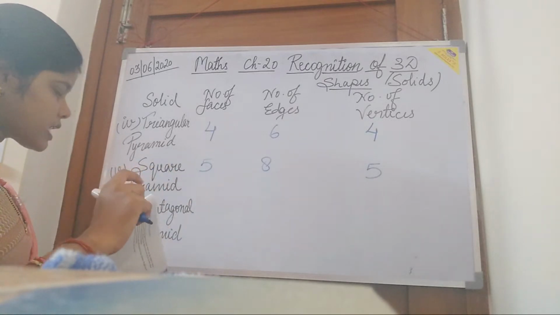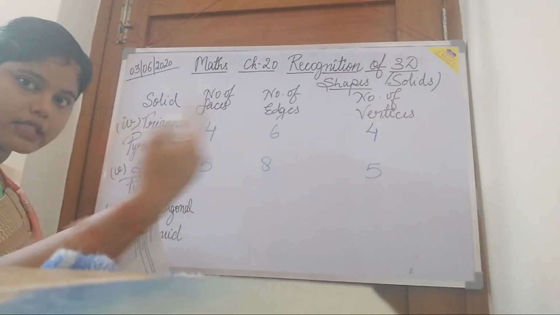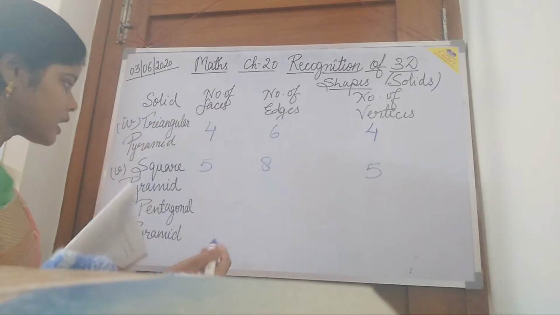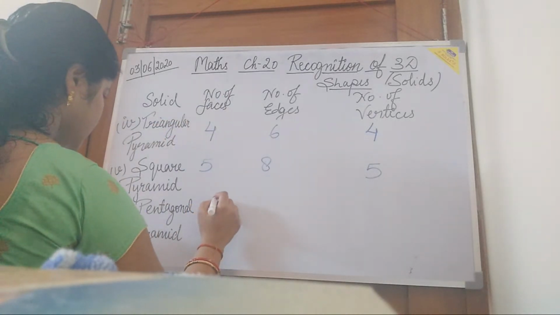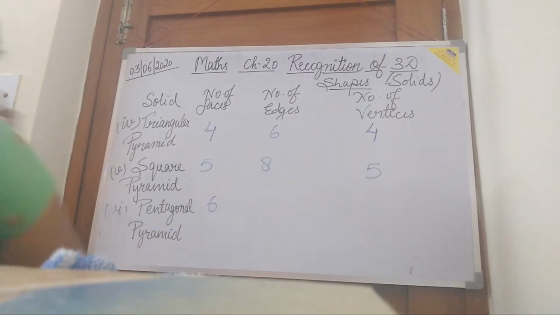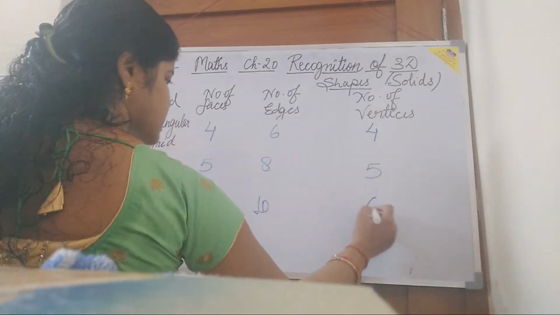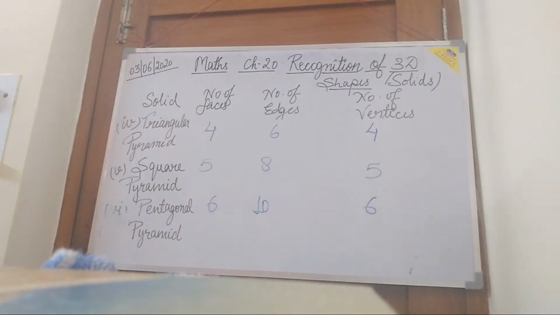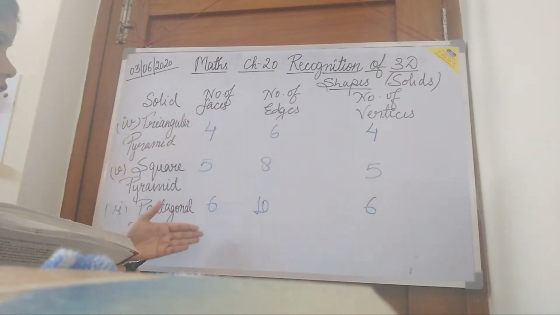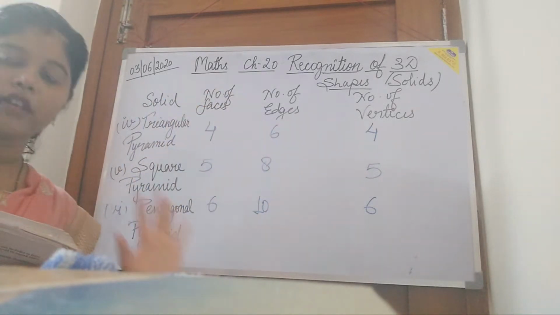So 1 face is the pentagon and the side faces are triangular. So 5 triangles and 1 base. It means the total number of faces is 6. And number of edges 10. Number of vertices 6. This is how you have to fill in the book, writing the number of faces, number of edges, number of vertices.